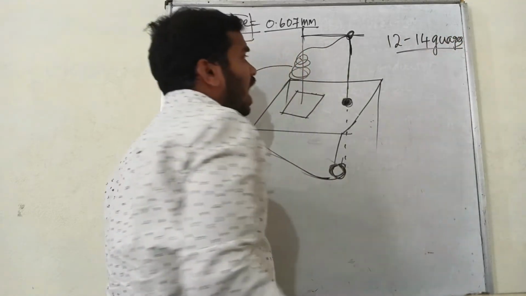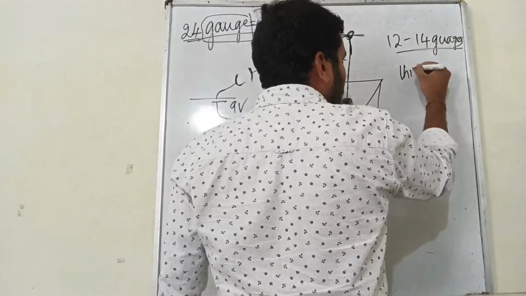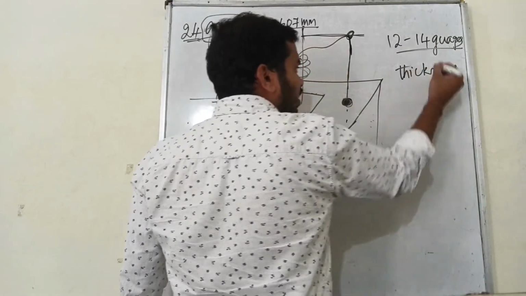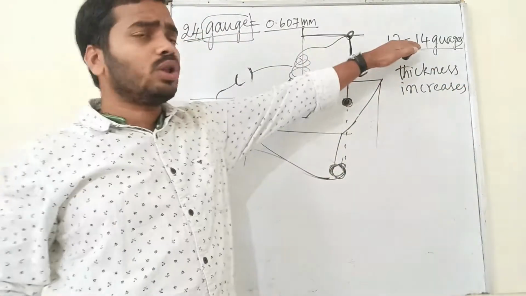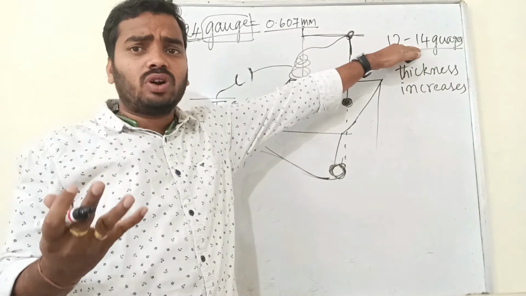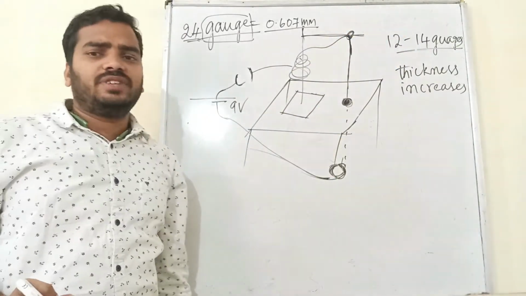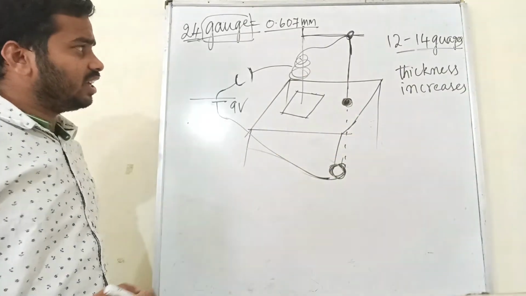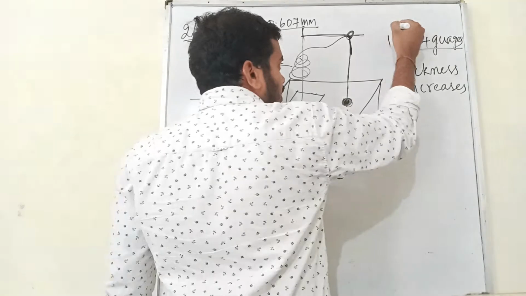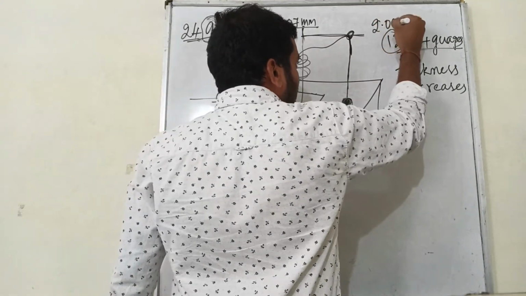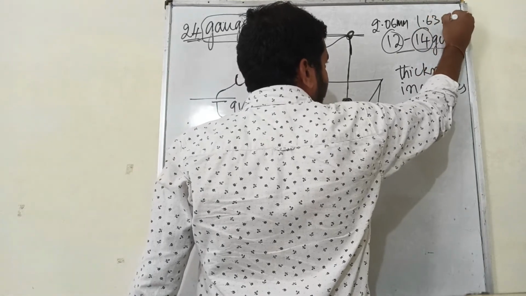Try to remember, as the gauge value decreases, the thickness increases. That means our household wire thickness is much greater than the wire thickness which we are using in this activity. So what is the general thickness? 12 to 14 gauge means 12 gauge is 2.06 mm, and 14 gauge is 1.63 mm.